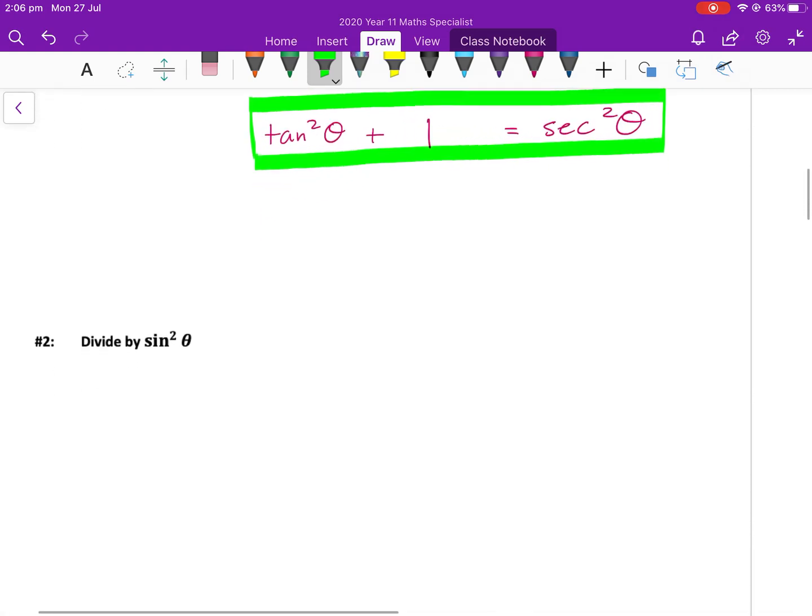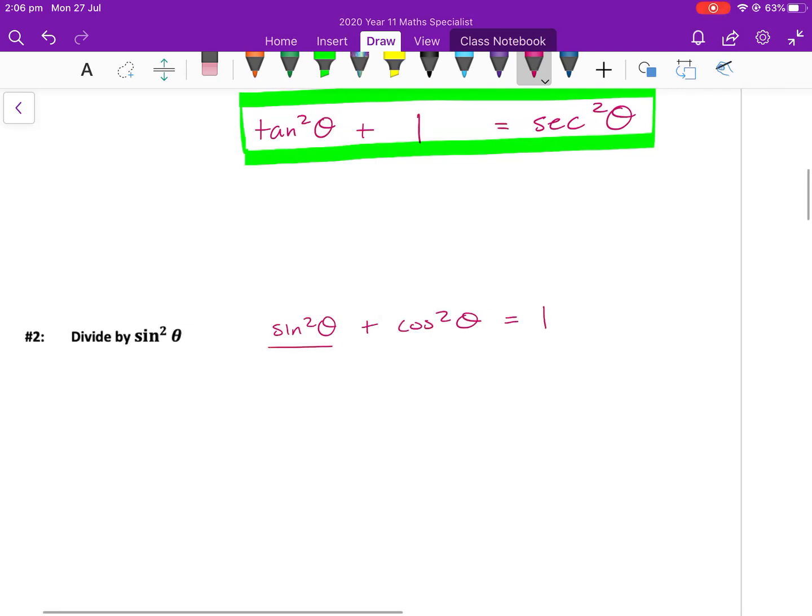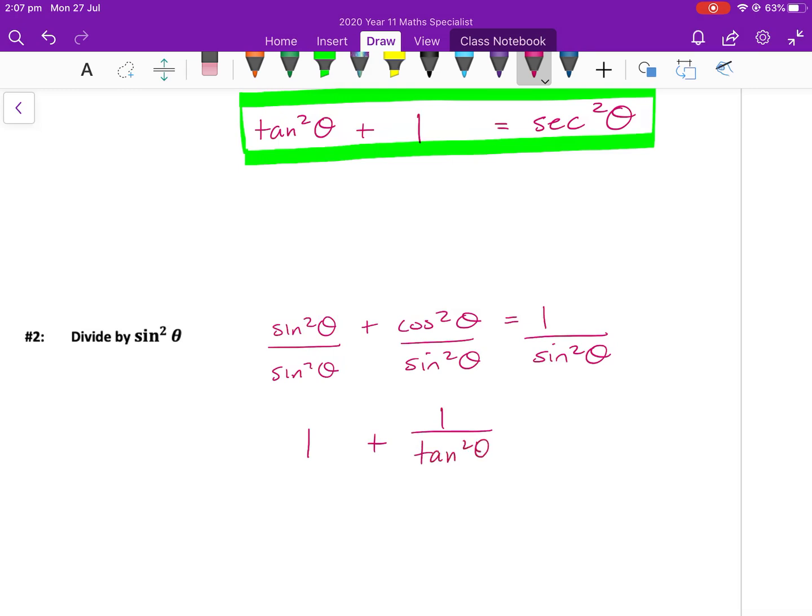Let's do that again, but let's divide by sine squared theta. So sine squared theta plus cos squared theta, or cos squared plus sine squared, equals 1. We're going to divide through by sine squared theta. And then we can simplify this because sine squared over sine squared is 1. Cos squared over sine squared is 1 over tan squared theta, and 1 over sine squared is the cosec squared theta.